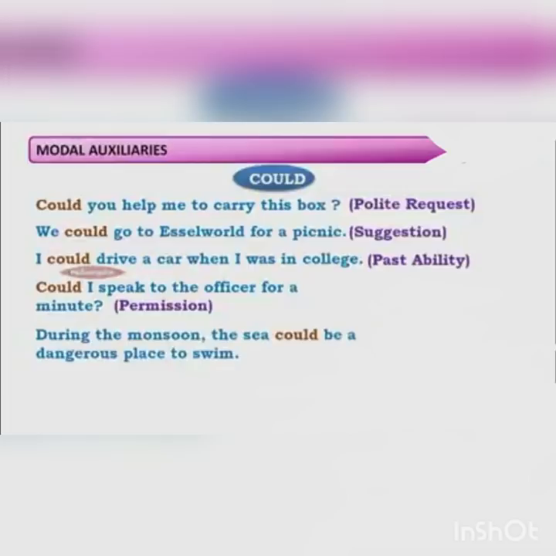So you will have to read the whole sentence and understand what exactly is the meaning of the word over there or the function of the auxiliary. So you will have to be able to identify the function of the auxiliary by reading and understanding that we have gone through. Could, it can be used in many different ways. Can, it has two functions, permission as well as ability. So it depends upon the reading.